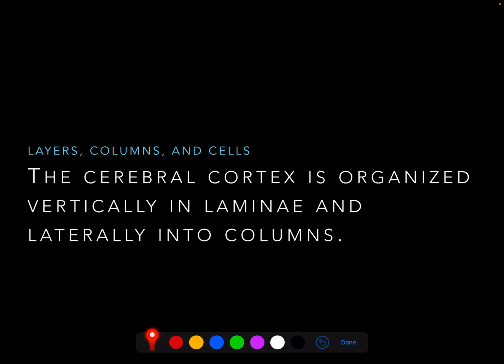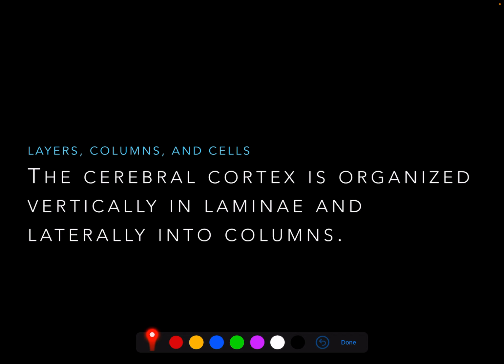Now, where the magic happens in the cortex is, of course, in the layers with all the different cells that are found in them. And in our cerebral cortex, the organization is partly vertical, that is between different layers. So we have 6 layers in almost all of our cerebral cortex. Some are missing a layer here or there. And depending on where you move around in the cortex, from the front to the back, for example, we get different functions, but we don't really see different organization.